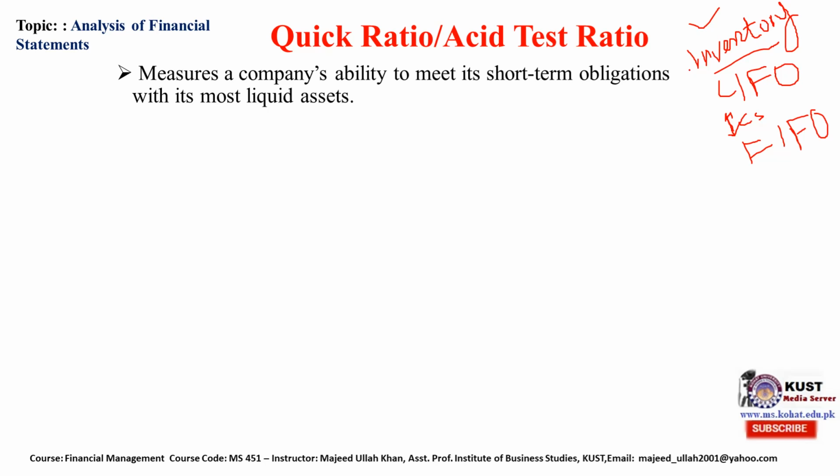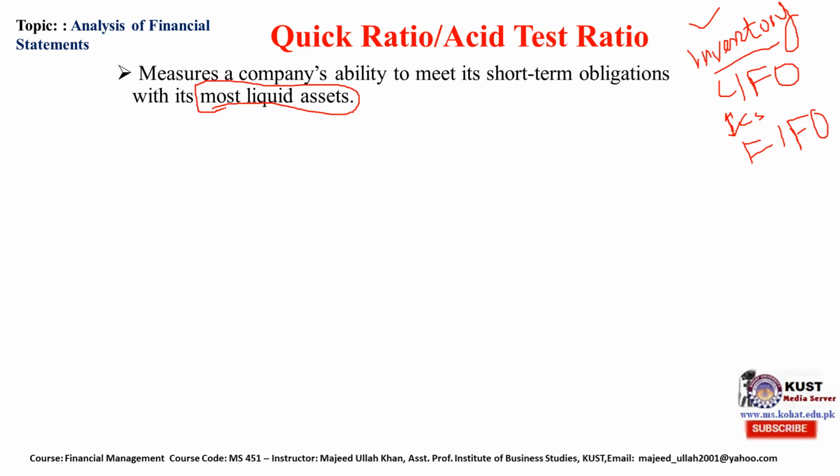In order to address this issue, they calculate the quick ratio or asset test ratio. This measures the company's ability to meet its short-term obligations with its most liquid assets. What are the most liquid assets?